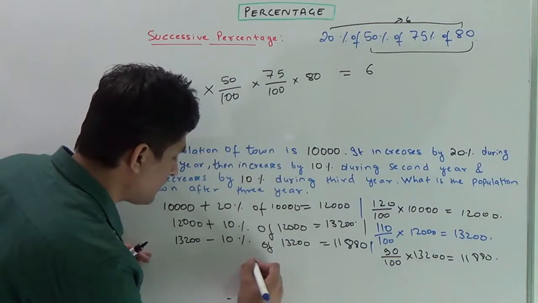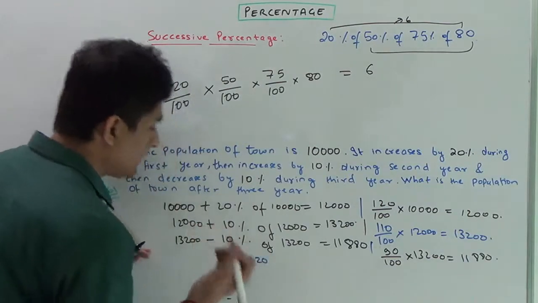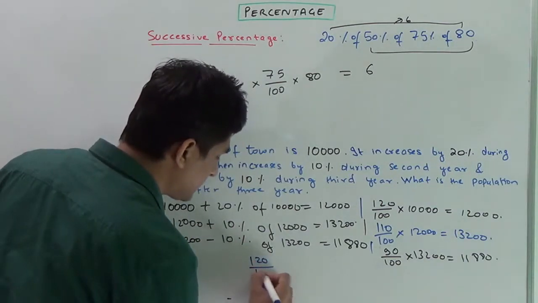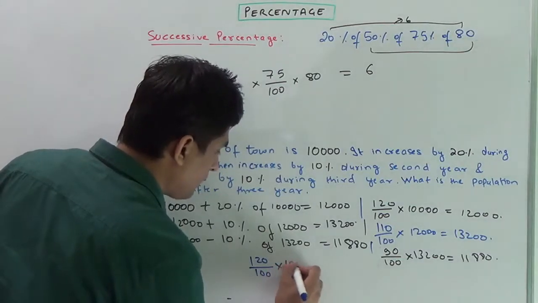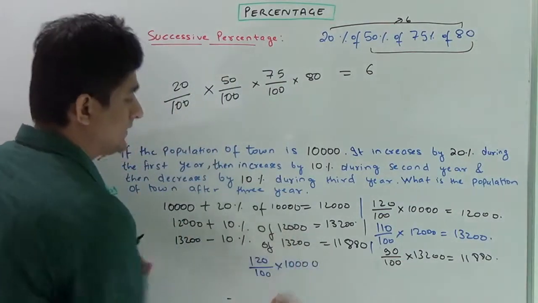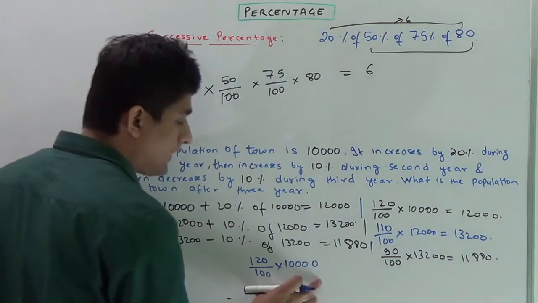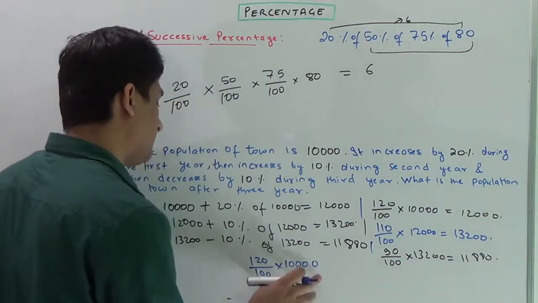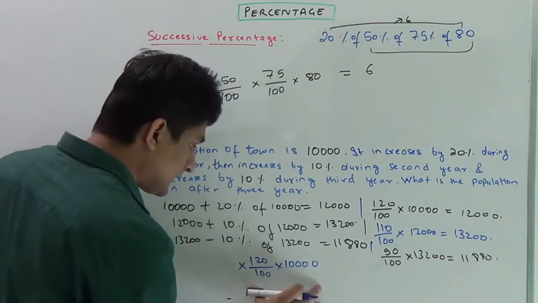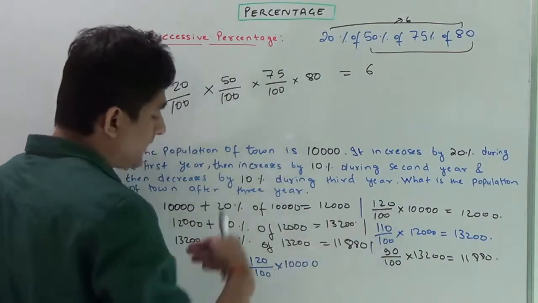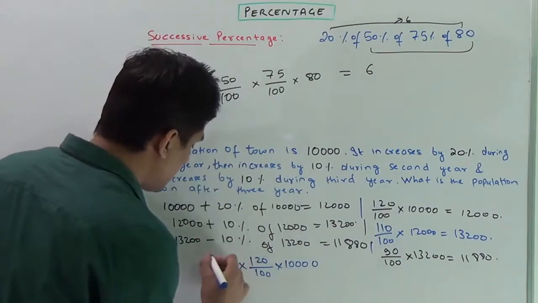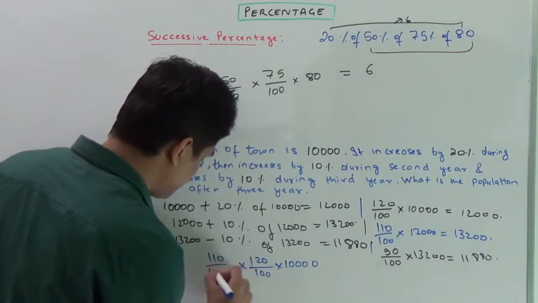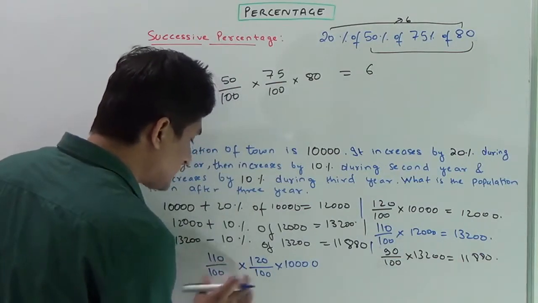Earlier the population has increased by 20%. So you can do it like this. This is the population at the end of the first year. Now it is a resultant population. Now it has increased a further 10%. That means I have to calculate 110% of that.